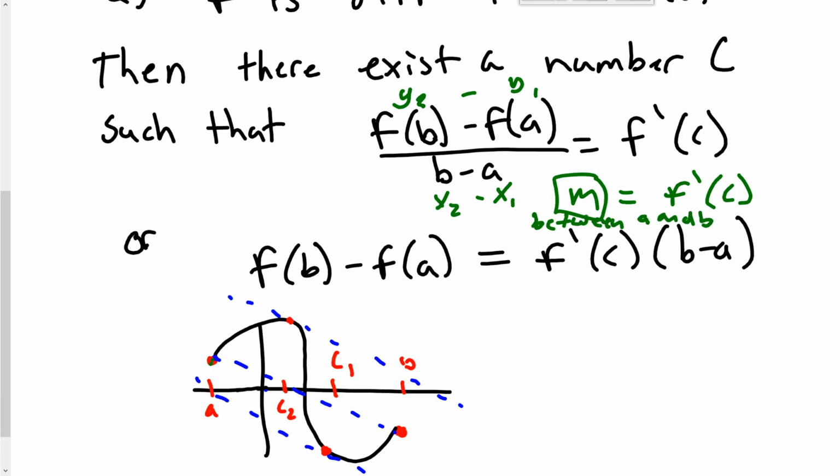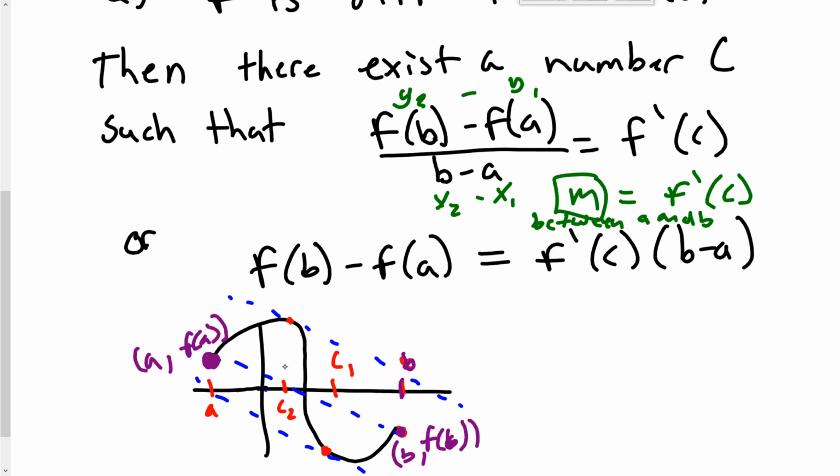If I have two points, an a and a point f of a, and I have another x value b, and this will be f of b. So I have this point b comma f of b, and this point a comma f of a. I could take the slope between these two points, right?